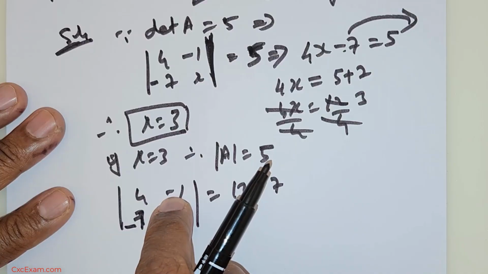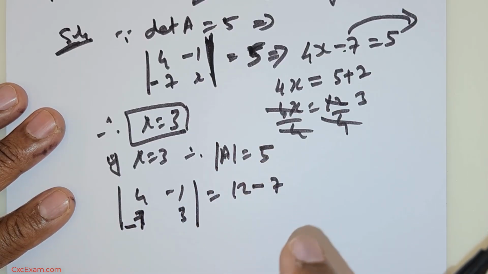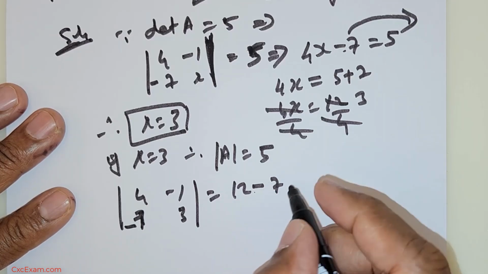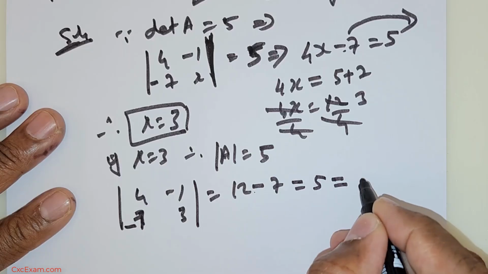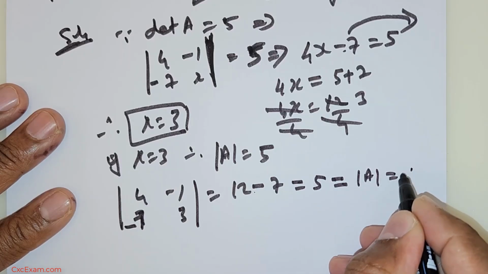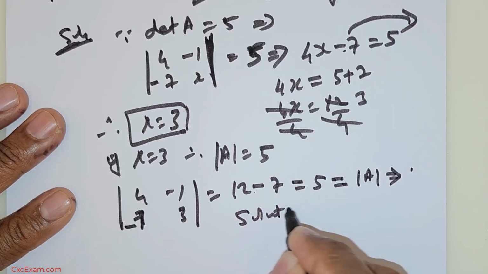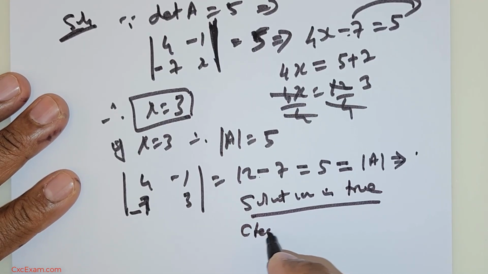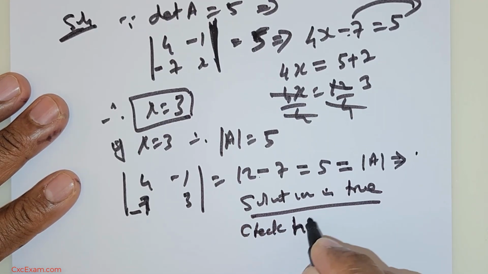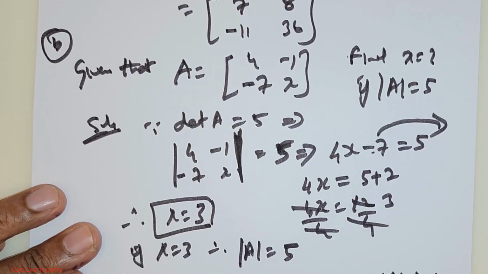So negative will become positive, but there is a negative sign that is added along this direction. So that's the reason you get negative 7. So 12 added with negative 7 will give you 5. This is equal to the determinant of A, which means the solution is true. Or you can say check holds. You can use the word check holds. Right, so that is the conclusion for that part of the question.